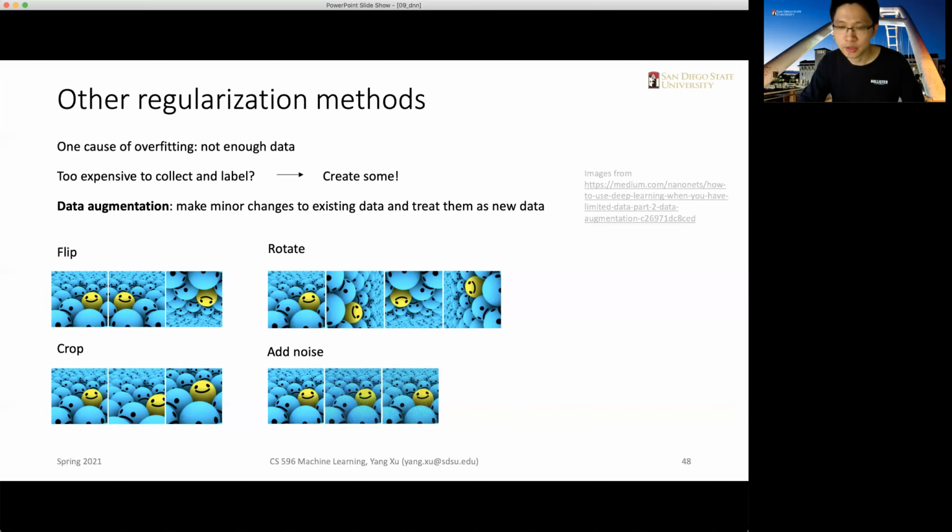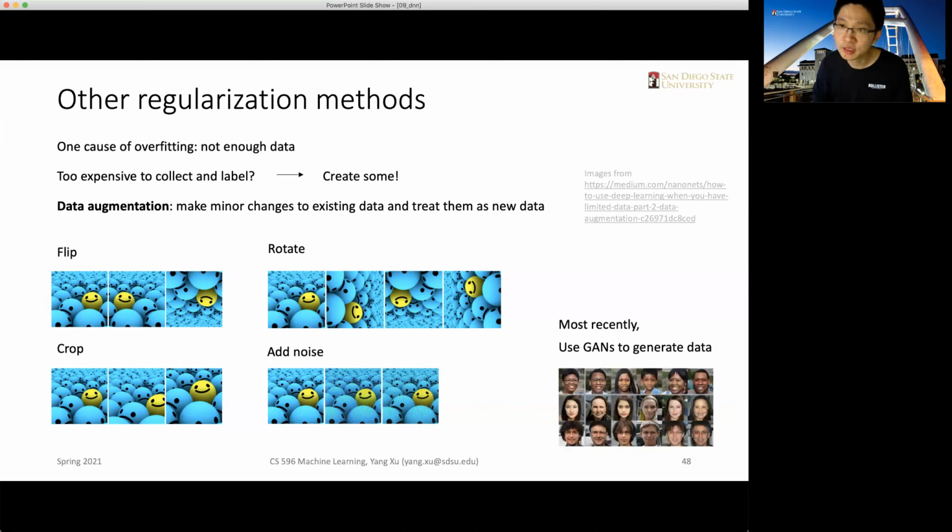And nowadays, with the advance of generative adversarial networks, known as GANs, a type of technique that uses deep convolutional networks to generate very realistic images out of nothing, out of a random input, GANs are very useful in augmenting data sets.